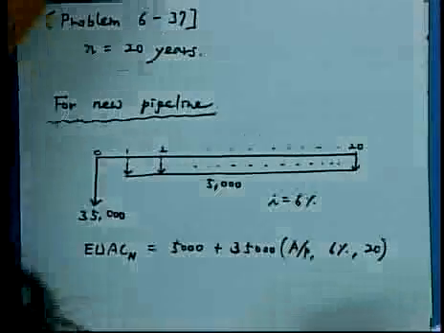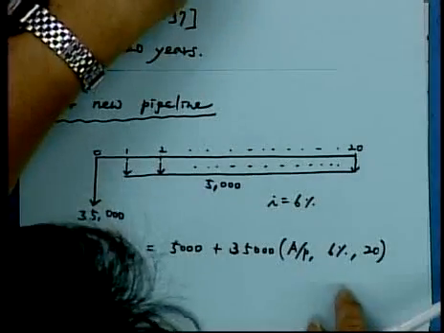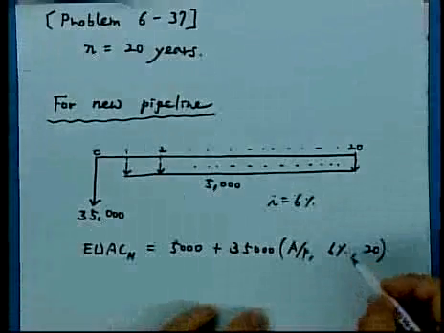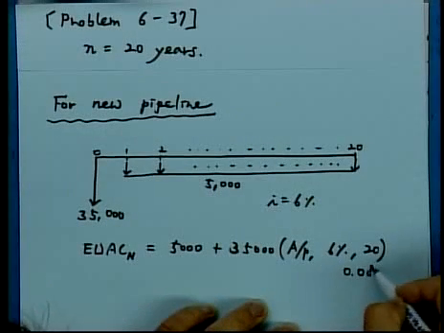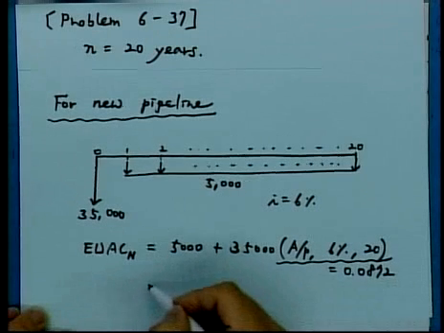6%, A given P over 20 periods is 0.0872. 0.0872. So how much is this?